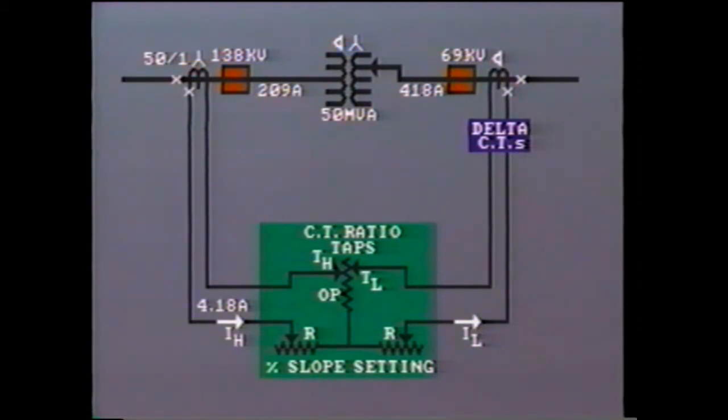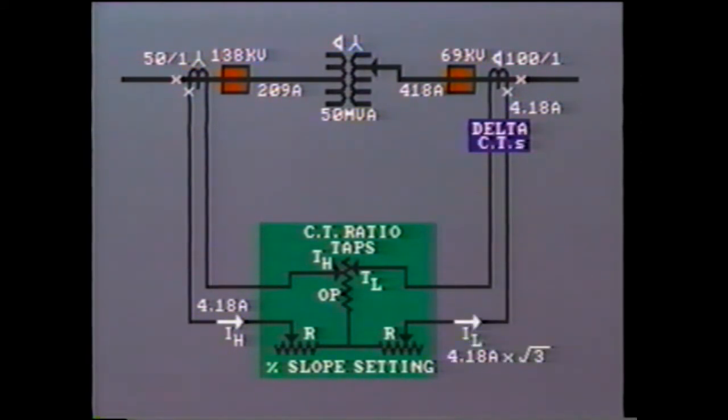What would be a logical CT ratio on the low voltage side? Well, as the voltage is half the line voltage on the primary side, then the CT ratio would be 100 to 1. So the current in the CT secondary will be 418 divided by 100. That equals 4.18 amps. But remember, the CTs are connected in delta.